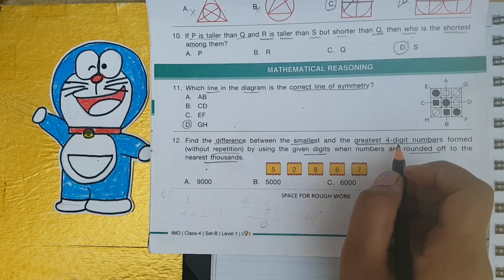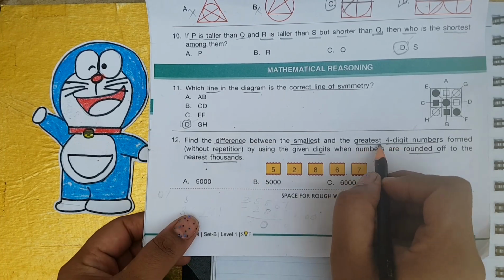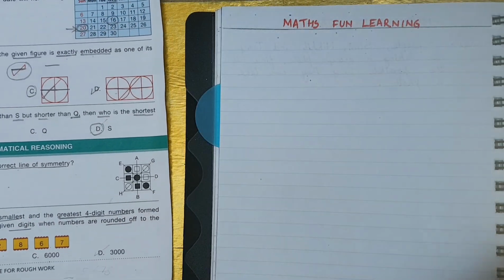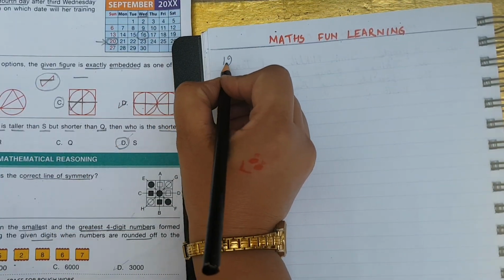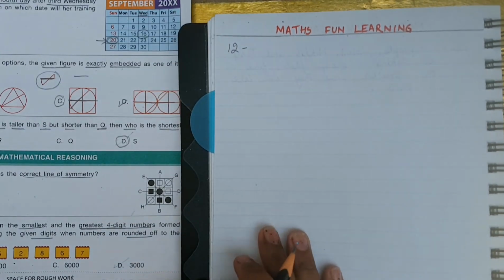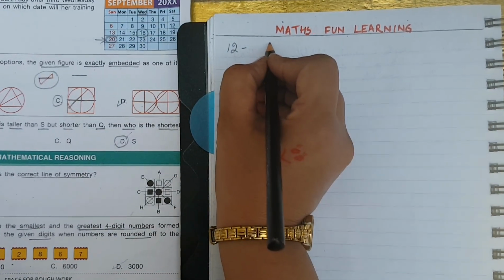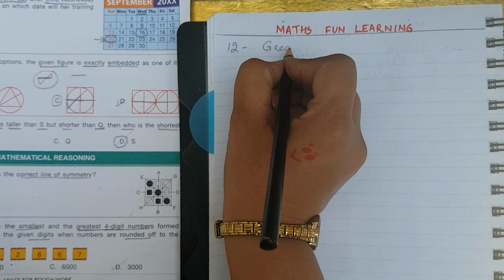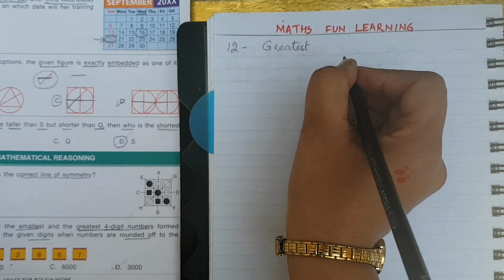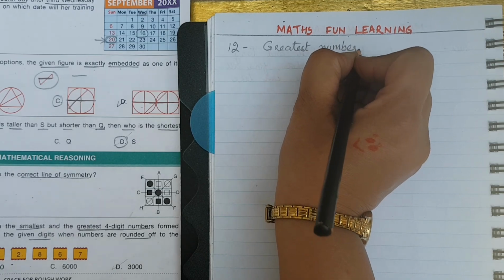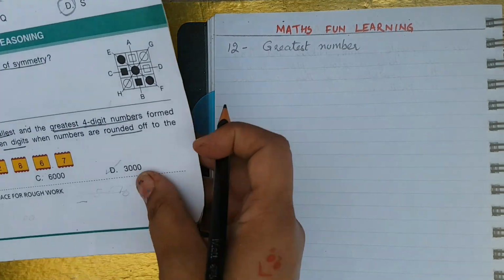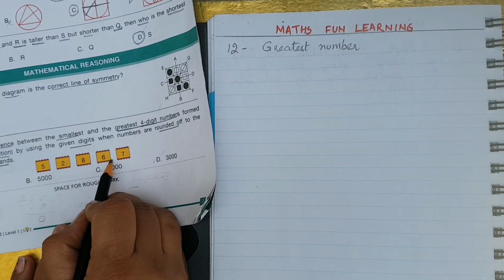the greatest number. So let's first make the greatest 4-digit number. For making the greatest number, we have to choose the bigger numbers from here.